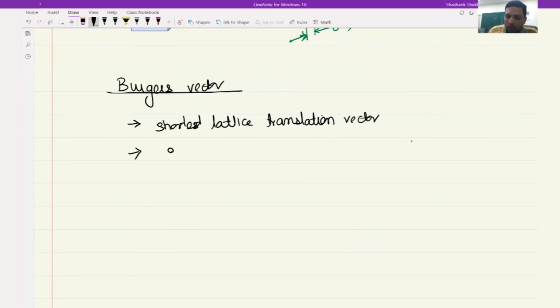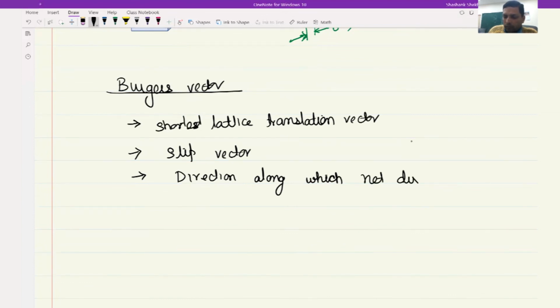It is the slip vector which we just saw. It is the direction along which net displacement occurs. It is also the vector that closes the Burgers circuit.